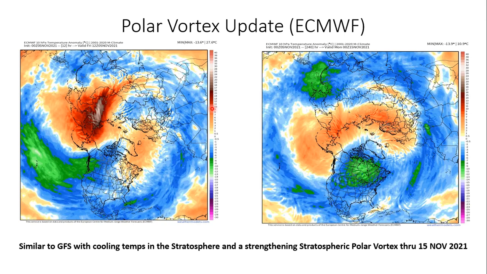Looking at the European polar vortex forecast, very similar. This is today, and it matches up quite well with the GEFS model, as well as the placement of these cooler stratospheric temperatures into the Pacific. And this is the 15th of November according to the European model, again showing a return to cooler temperatures in the stratosphere at the higher latitudes of the Northern Hemisphere and a strengthening polar vortex through mid-month.